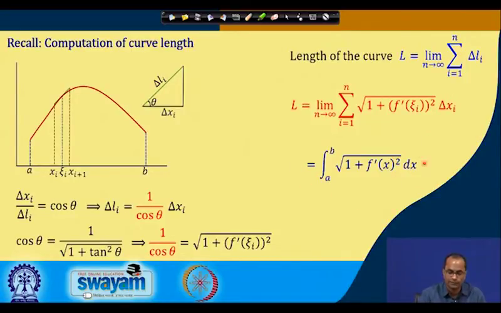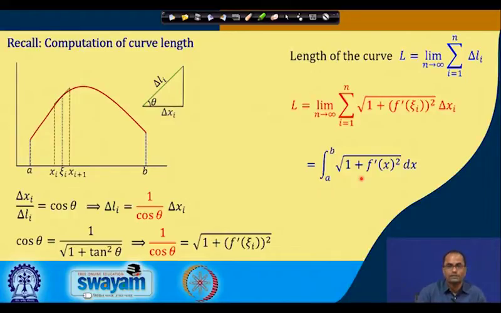So this integral from a to b of the square root of 1 plus f prime square dx will give us the curve length of the curve given by the function f in the range from a to b. So, what we have learned is that in case of the curve length, the formula is given by the square root of 1 plus the derivative whole square.